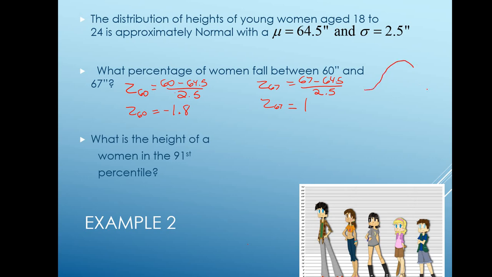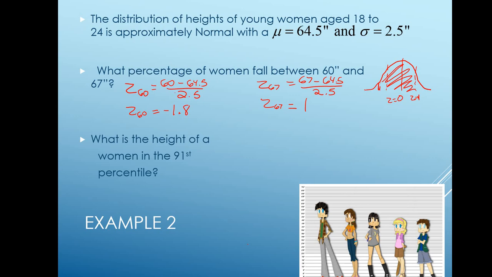So what I'm looking for is, if I have 0 here, z equals 1, and then we're almost to negative 2 here. So I would estimate, let's see if I'm right. Plus or minus 1 would be 68% of your data, and we're plus 1, almost minus 2. So I'm going to say 80 something. Let's see if I'm correct, just in my ballpark.